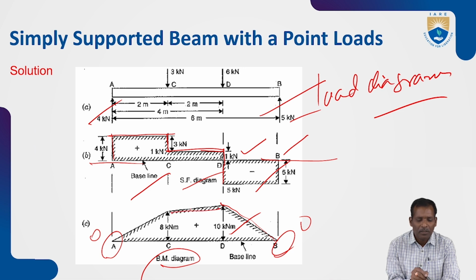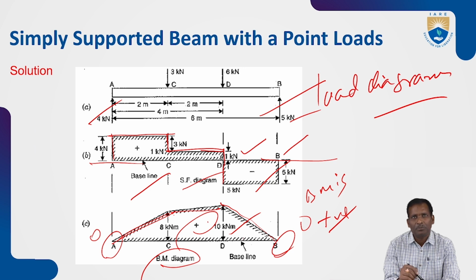Again, up to C here shown 8 kilonewton meter and then 0. The positive values, all are positive. So, bending moment is positive and shear force positive and negative.